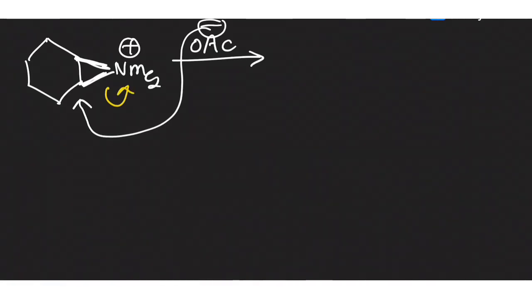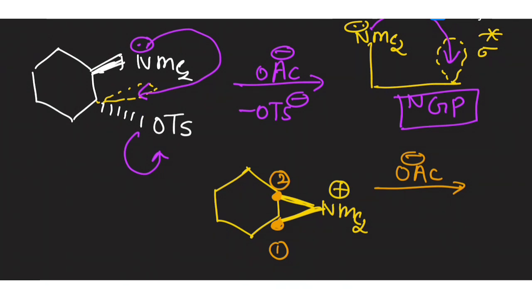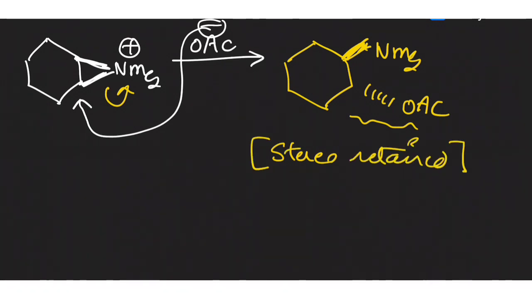This will open up like this, and we will get a product like this, NMe2. The best part to notice is that the leaving group was below the plane and the incoming nucleophile is also below the plane. The main point is that in NGP the stereo is retained. I hope you must have understood the concept which I wanted to tell you.